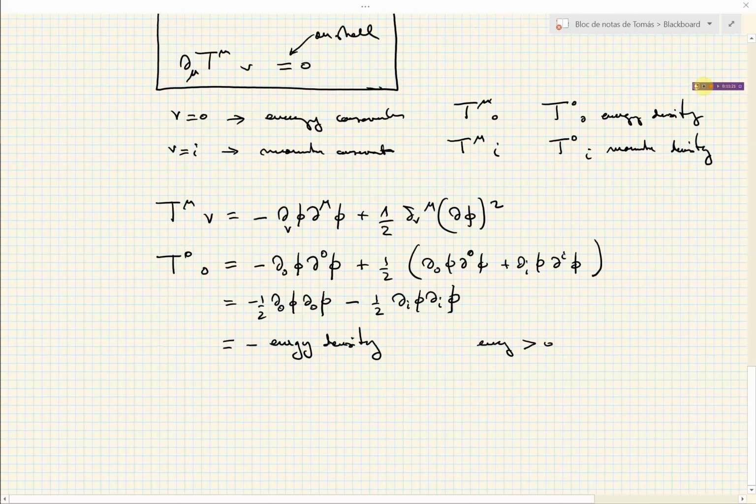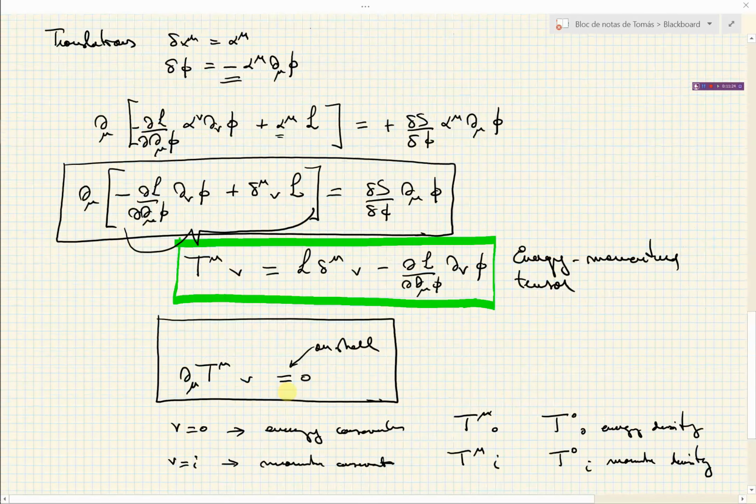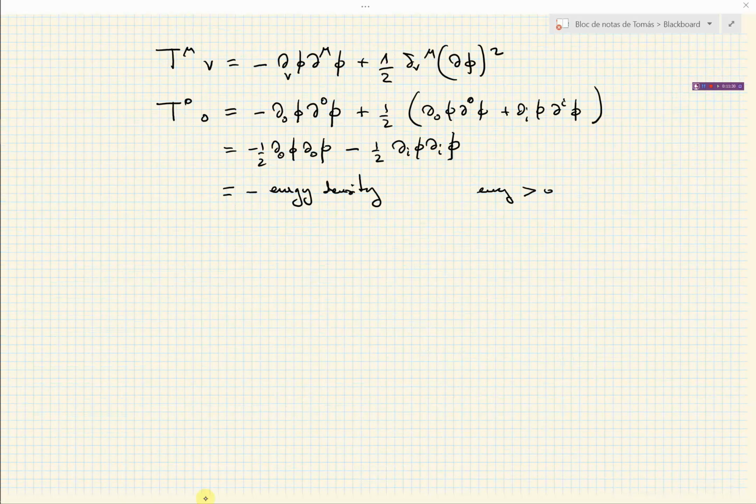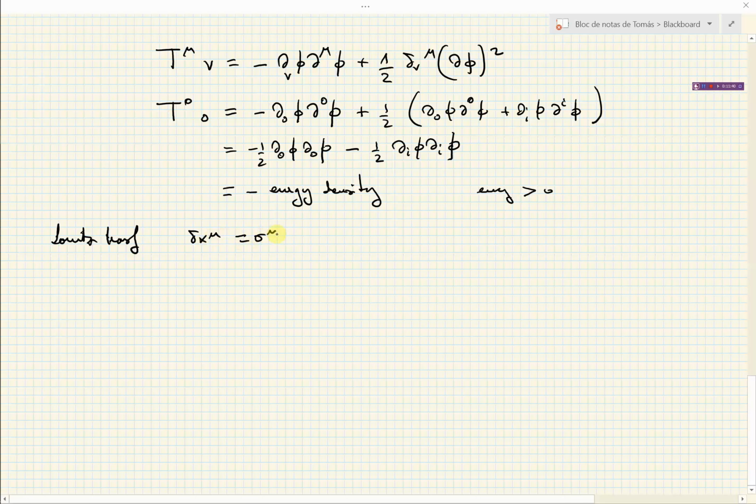Now for Lorentz transformations, remember that we have delta x mu equal to sigma mu nu x nu, and delta phi we have computed here, and it is minus sigma mu nu x nu d mu phi.